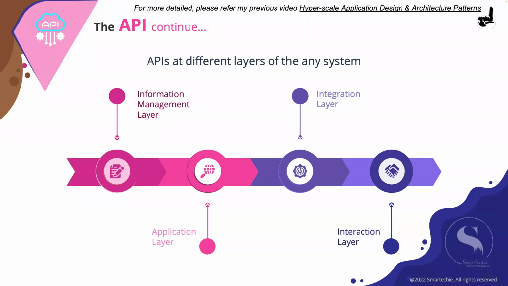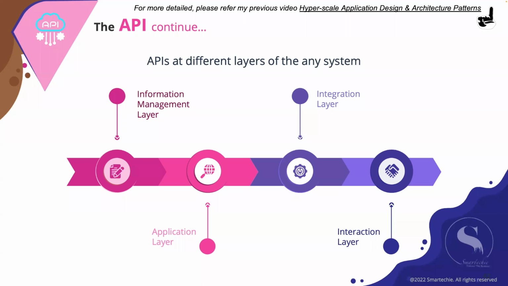If you want to build a dashboard on top of that to monitor those things, how would you deal with that? You have to build a set of APIs which will take care of retrieving those kinds of details from the application itself. That comes into the application layer.